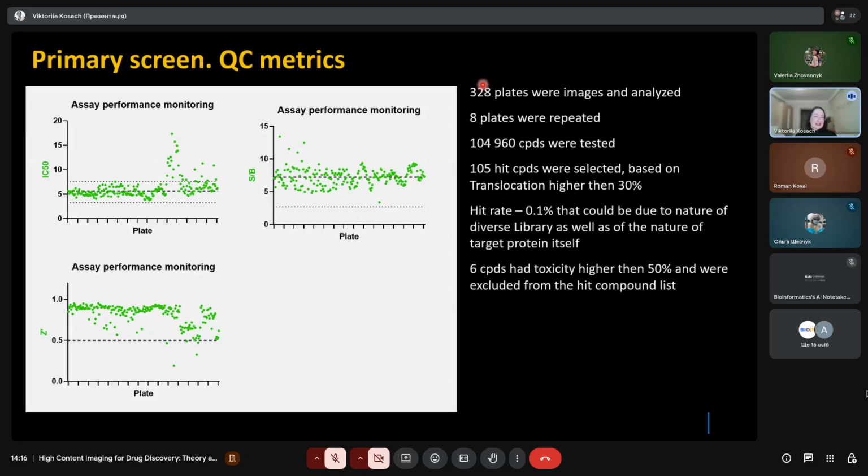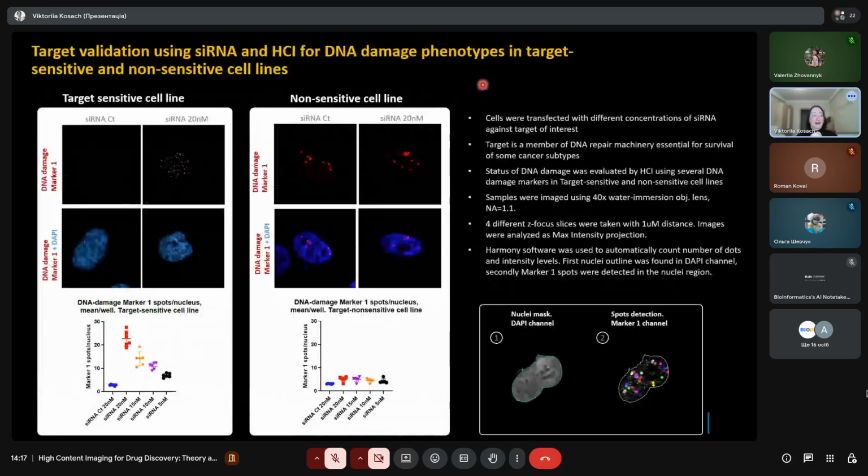And very quickly, I will show you just two more examples, not to overload, as always, the information, for other stages of high content drug discovery. So as we already discussed, high content imaging could be used for target identification with siRNA or CRISPR library.